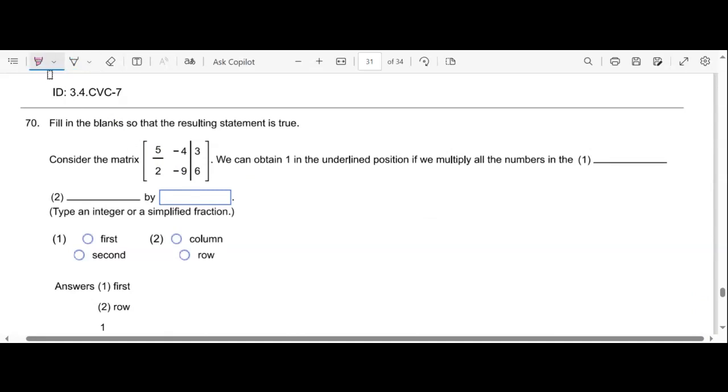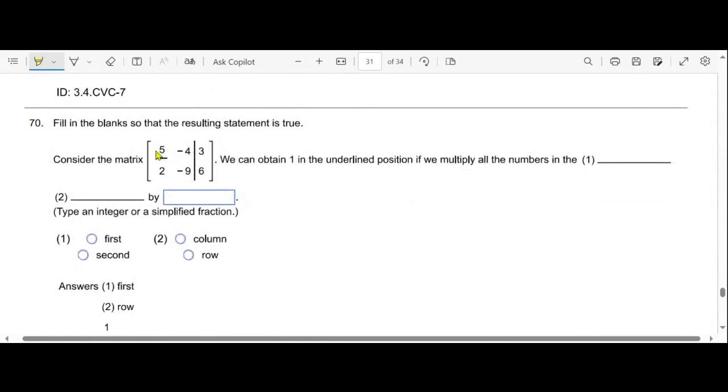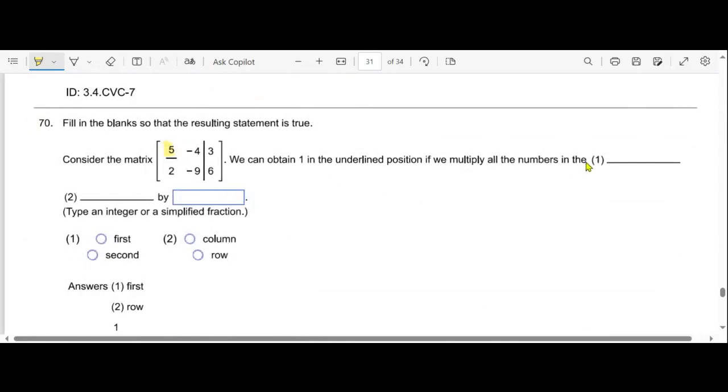If we multiply all the numbers in row 1 and 2, 5. What should I multiply? I need to get 5 to be 1. How can I do this? Multiply the first row by what? Minus 4? Minus 5? No. Multiply the first row by what?